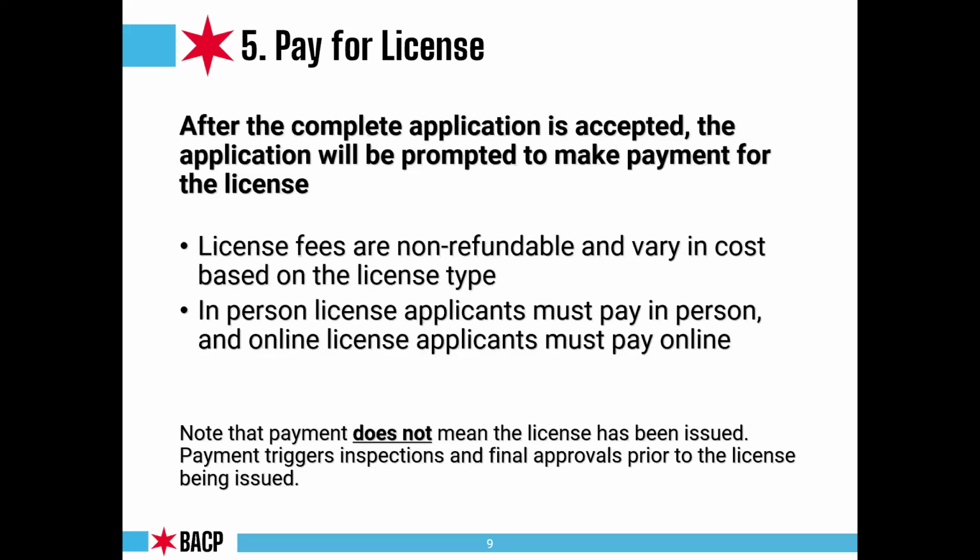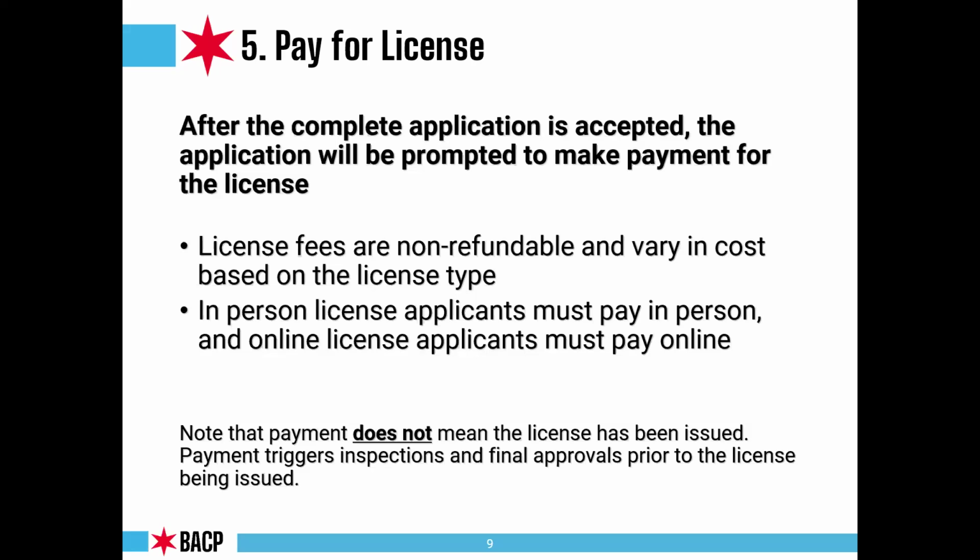No, it could trigger some inspections to take place. And once those inspections have been satisfied, you would either come back into the office to pick up your license, or we simply mail it out to the business location.